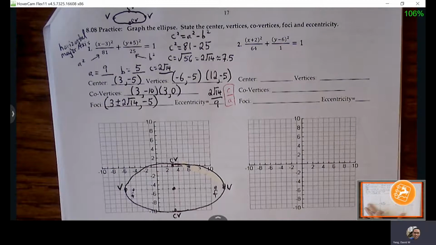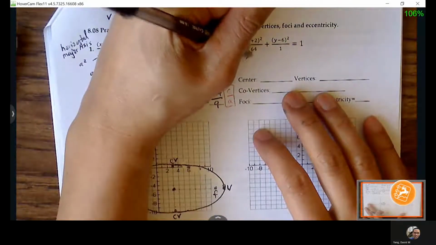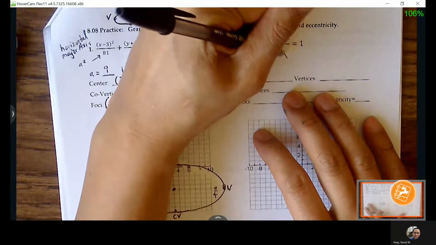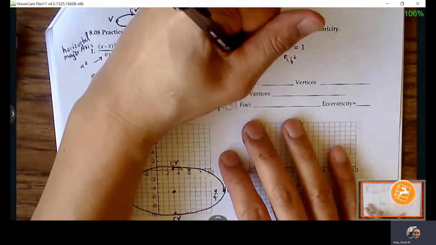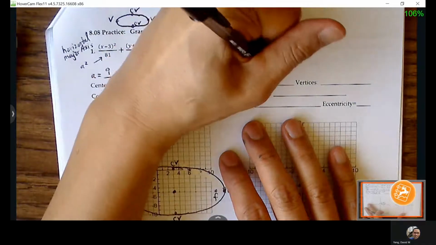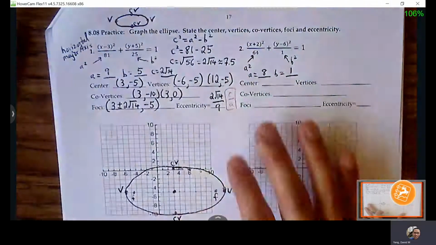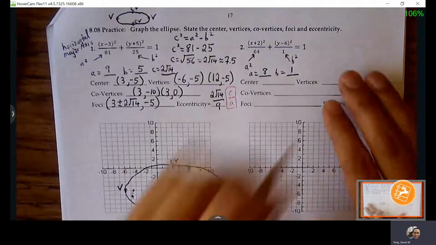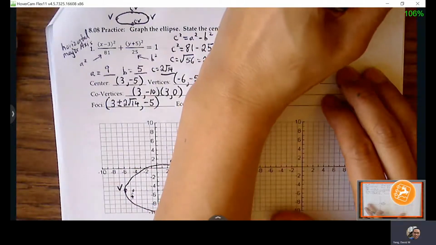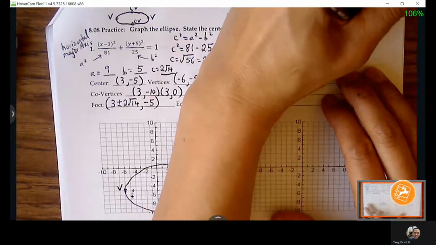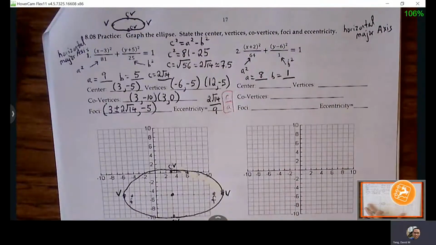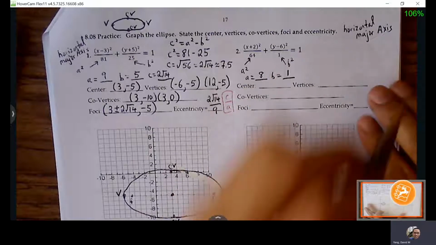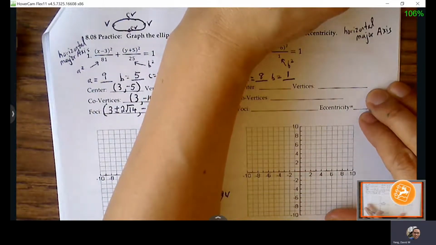Okay, number 2. Notice the 64 is under the X, so you know that it's going to be more of a horizontal ellipse.